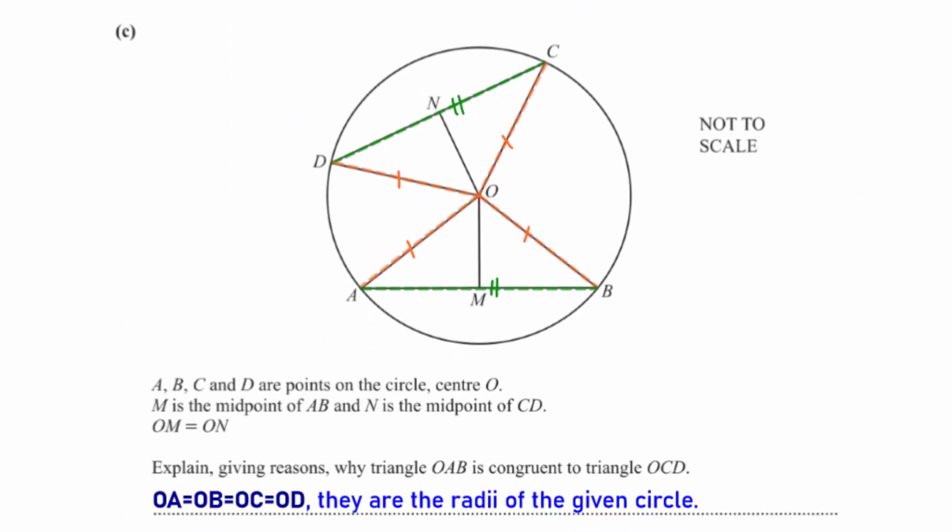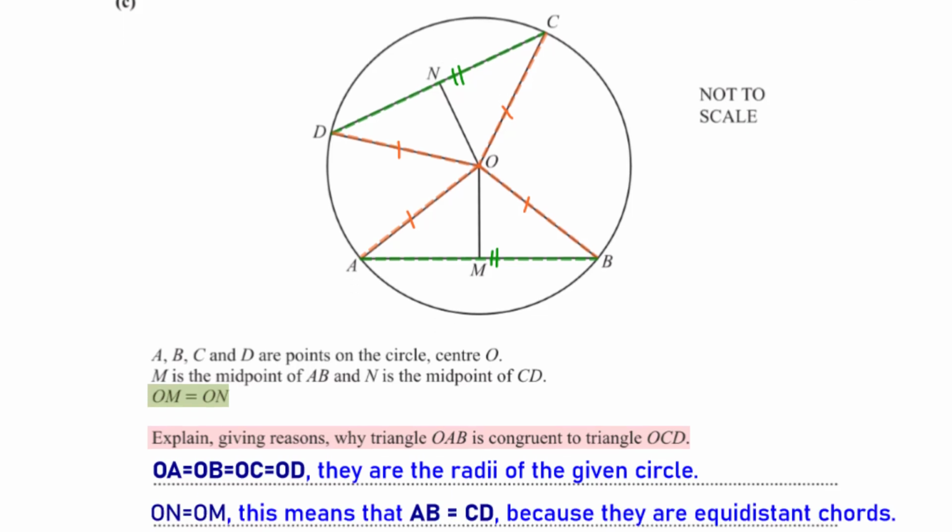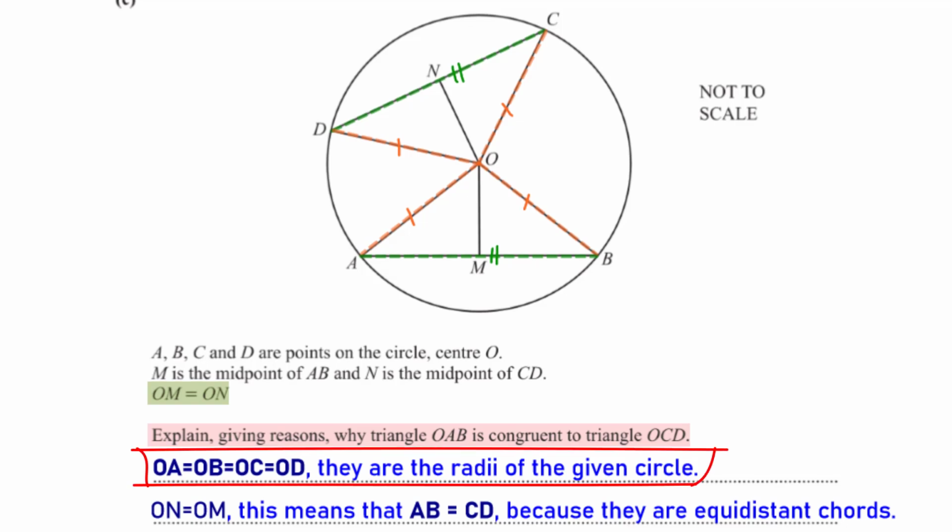A, B, C, and D are points on the circle center O. M is the midpoint of AB and N is the midpoint of CD. OM equals ON. Explain, giving reasons, why triangle OAB is congruent to triangle OCD. First, we know that OA, OB, OC, and OD are all equal because they are radii of the circle.